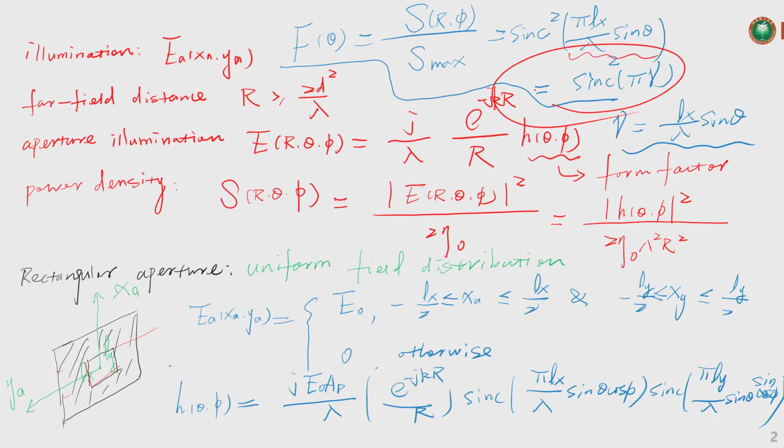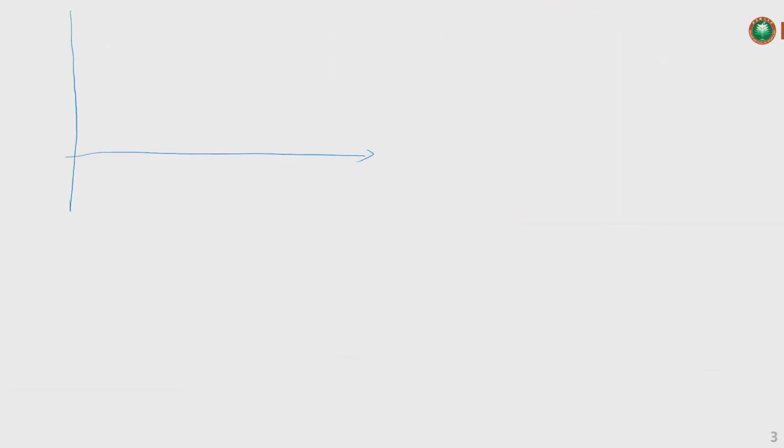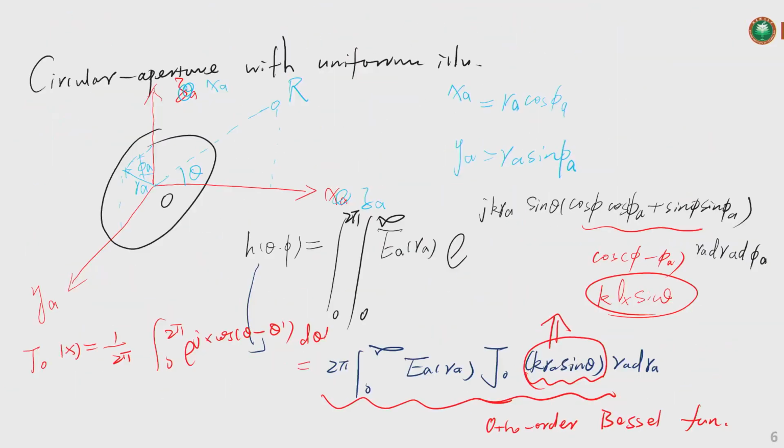Because 2 pi over lambda represents the wave number k, so k times Lx, the aperture dimension, times sin theta. For the circular aperture, it is also the same thing. So it looks like this one.